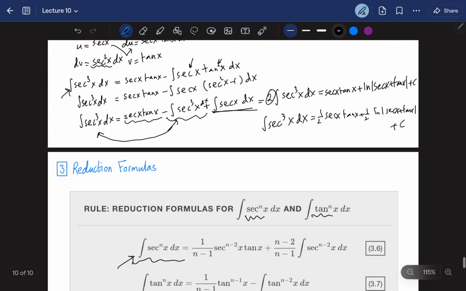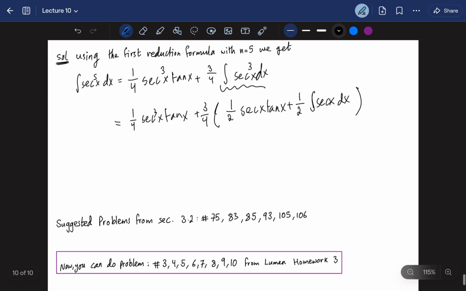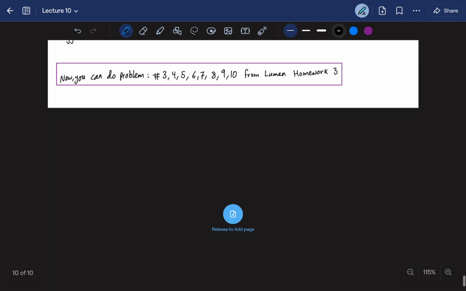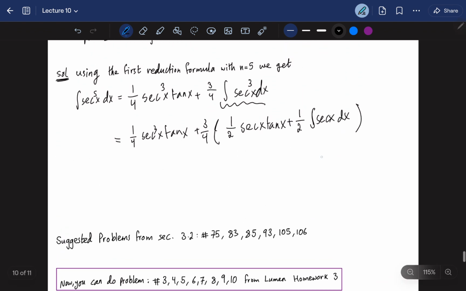If you look back, it's the same exact answer, which means that this formula works and gives us the same thing. Now you can integrate this easily using the antiderivatives and simplify.